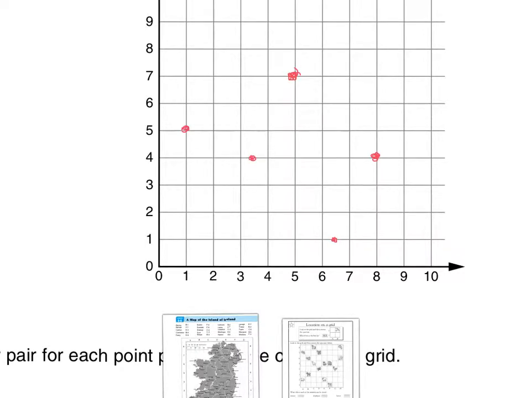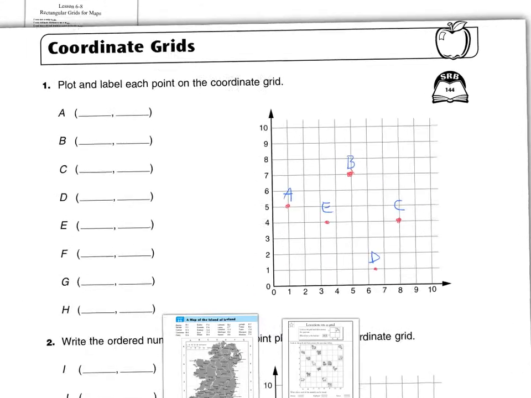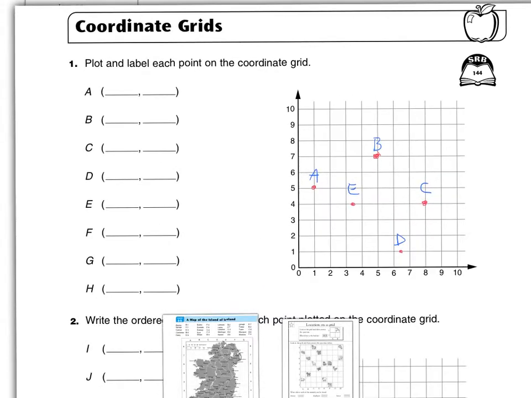I'm going to make this one A, make this one B, C, D, E. Alright, so it says plot a label for each point of the coordinate grid. I only did to D. I'm sorry, I did to E. That E was hiding from me.